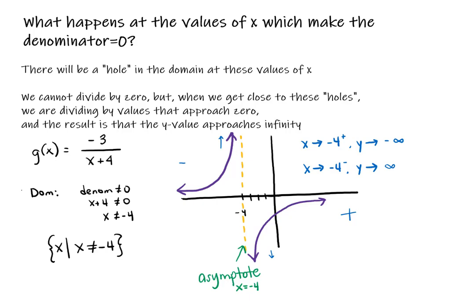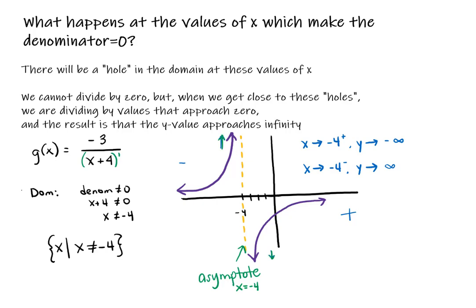The behavior of the graph at the asymptotes goes to infinity or negative infinity. And when I have multiplicity 1, then my asymptote has behavior where one side of the graph is positive and one side of the graph is negative. Notice that it goes up to positive infinity and down to negative infinity here.